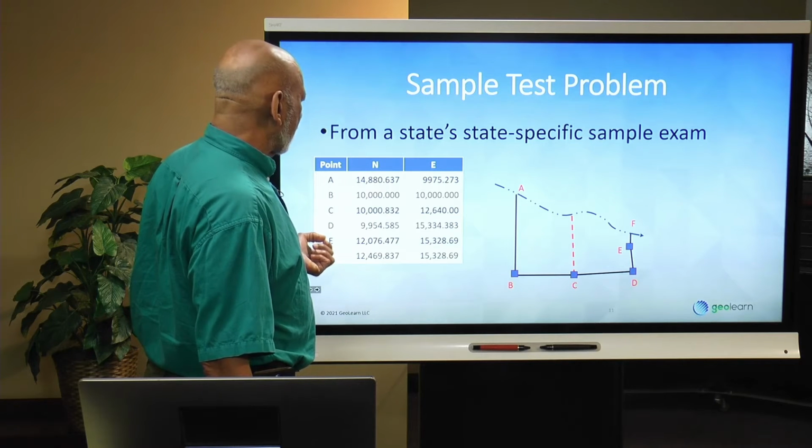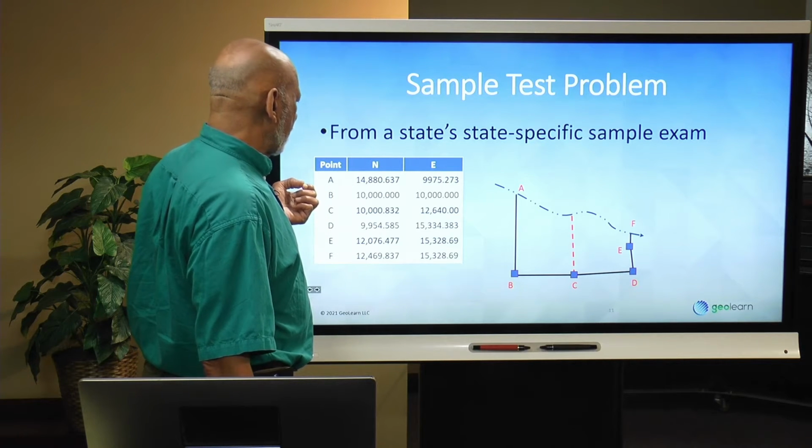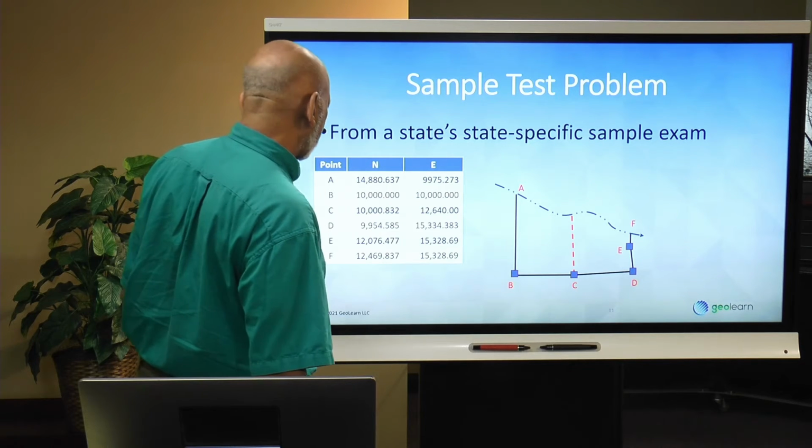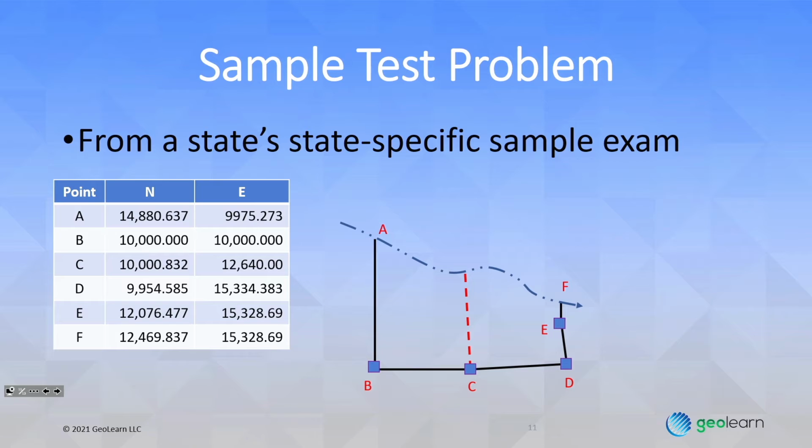And then finally, if you remember this, E to F was due north, exactly due north. So there's no change in easting, and obviously we went north.